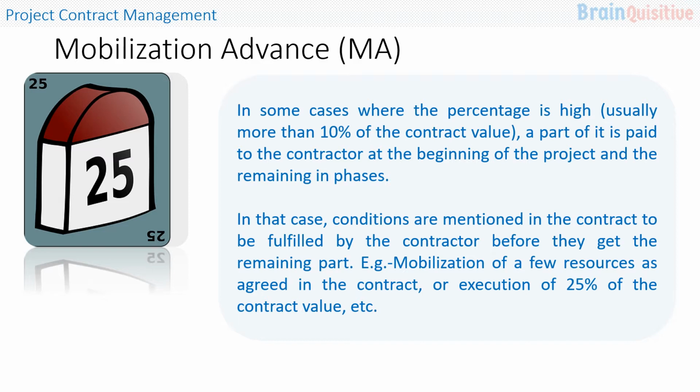This type of conditions may be the mobilization of a few resources as agreed in the contract, or maybe execution of certain percentage, say 20% or 25% or 30% of the contract value before getting the remaining part of the mobilization advance. This type of conditions are predefined and mentioned in the contract.